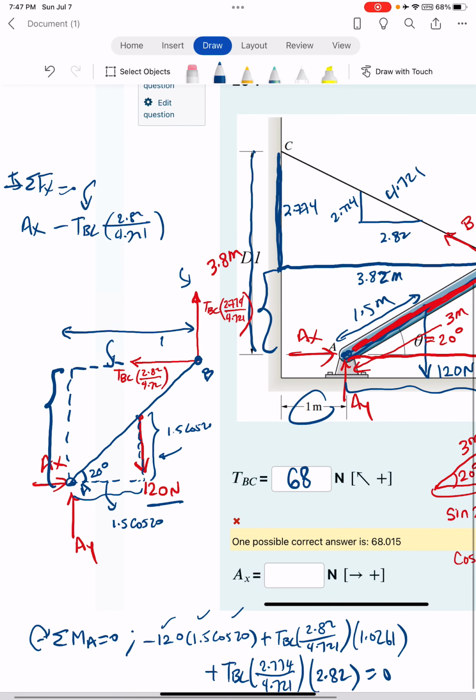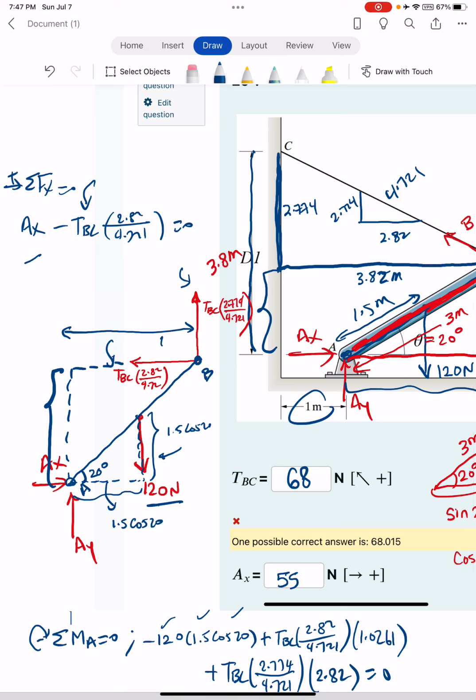We put TBC here, 68, and this is equal to 0. You could find out AX, and that's going to be AX is equal to 55.